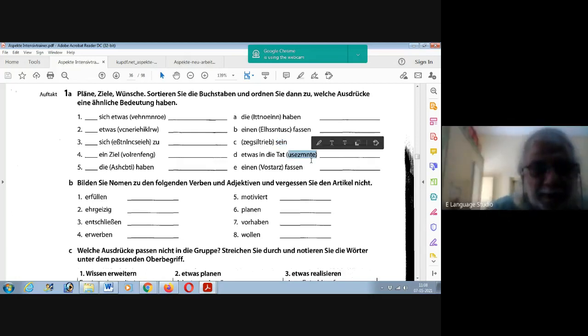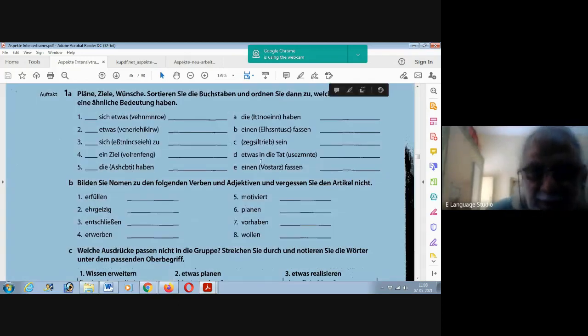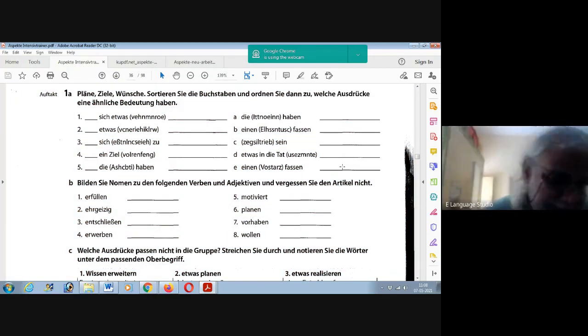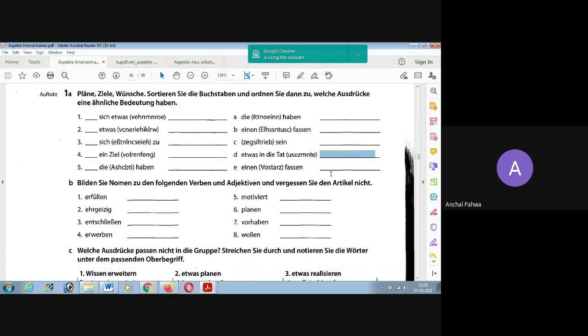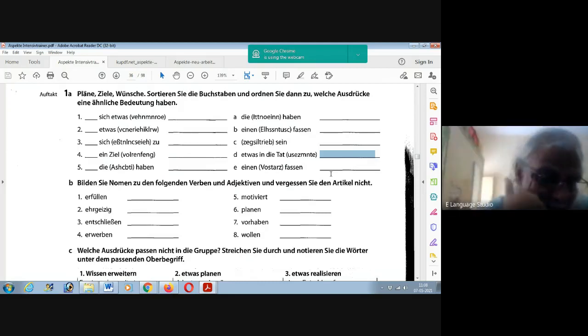Und natürlich haben wir dann 1 und E. This goes with E, ne? 1 und E hier. Also was ist Vorsatz? Ja, das ist Vorsatz fassen. Ja, also Vorsatz. So einen Vorsatz fassen means? Sich etwas vornehmen. Well done.